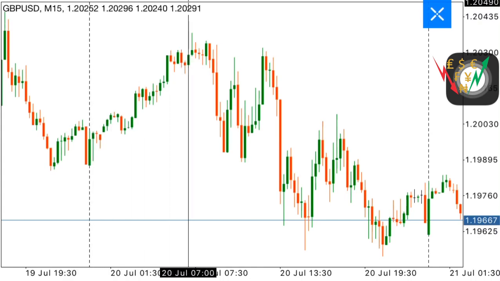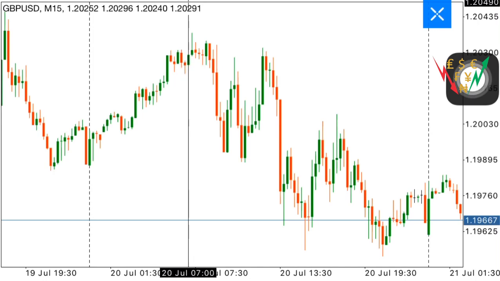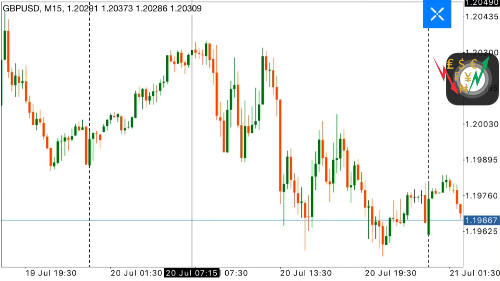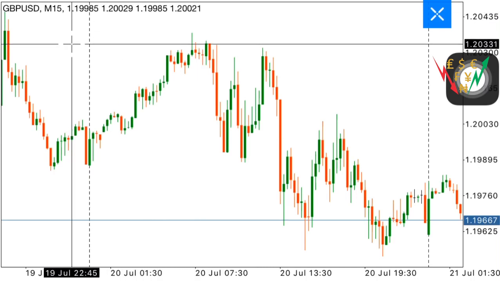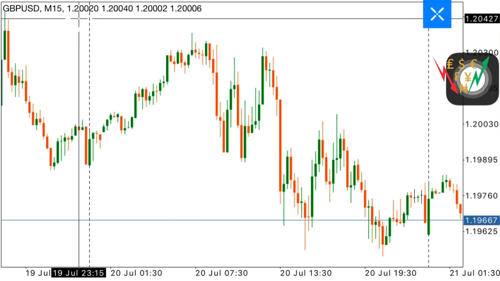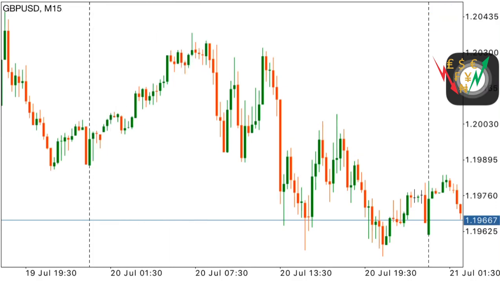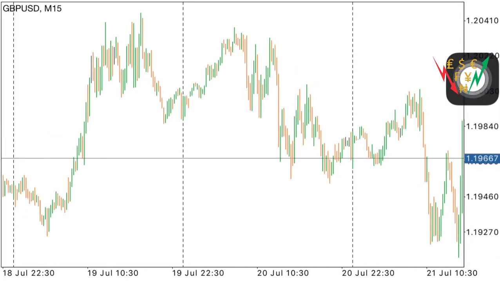Now, knowing that the London session starts by 8 a.m. and the Asian session closes by 9 a.m., we want to see the Asian session complete. We want to start observing the market from the open of the London session, and then use the Asian session as a kind of reference to get the price direction, okay.